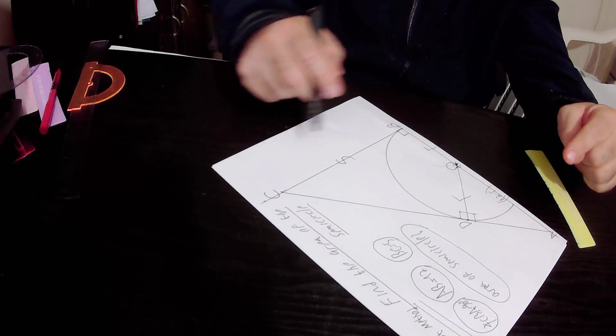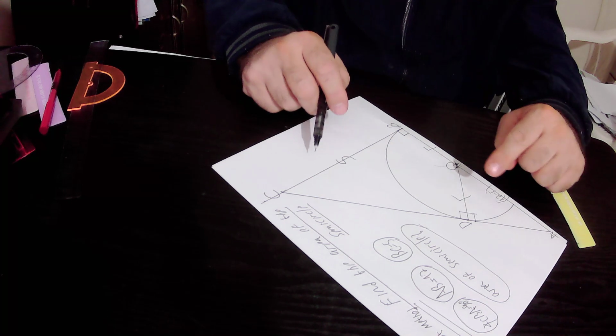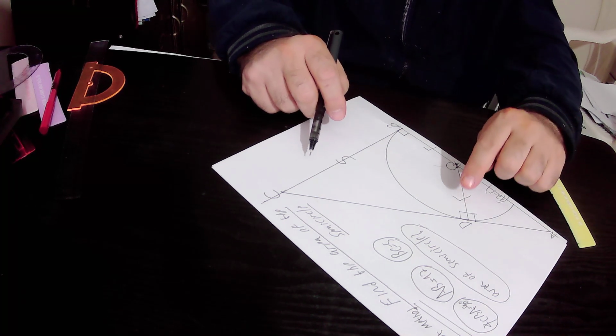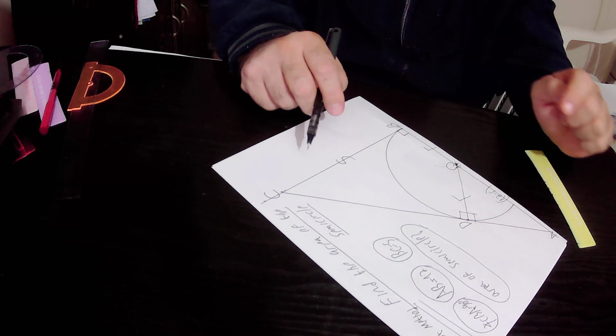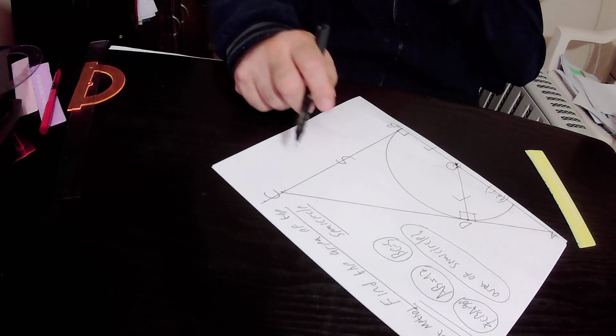Therefore, the tangent AC will be perpendicular to this radius. That is to say, this angle will be equal to 90 degrees, and this angle will be also equal to 90 degrees. Okay?